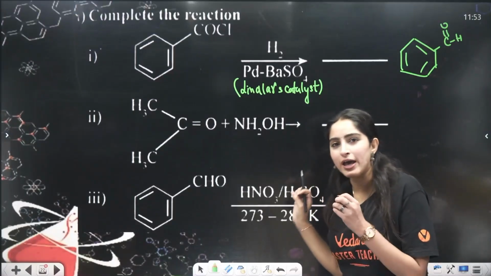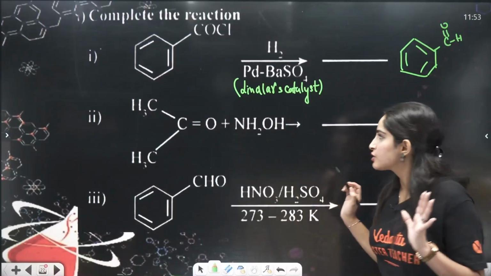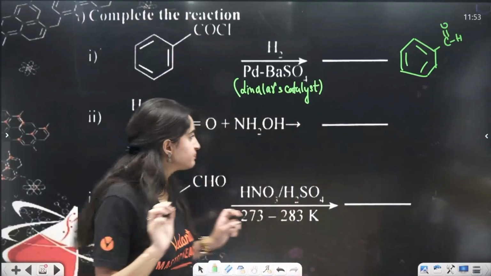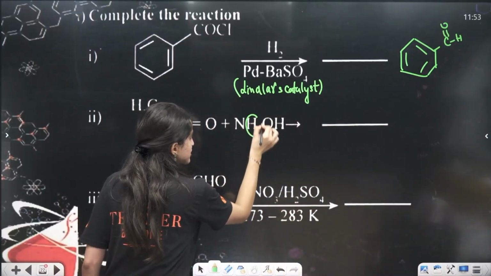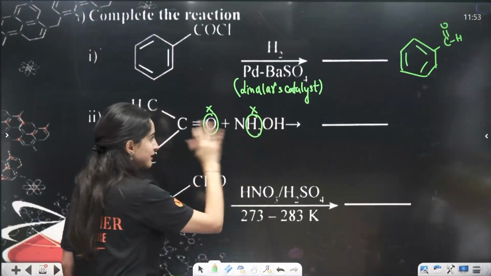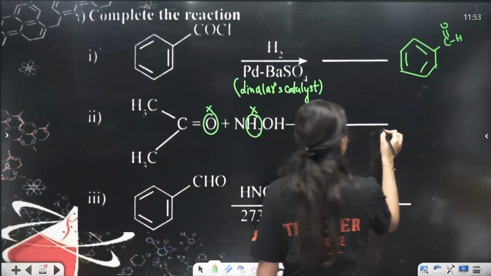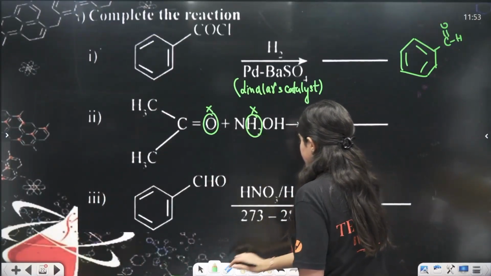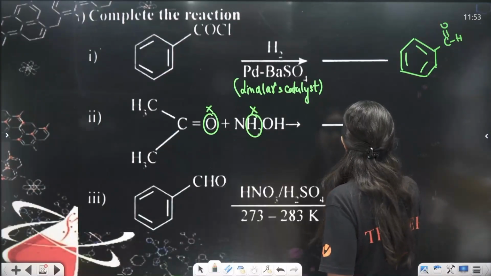Now this is a very simple question. So what you have to do here is take out this H2, take out this oxygen, take out these two things, and attach all of them. For example, I am drawing it like this.